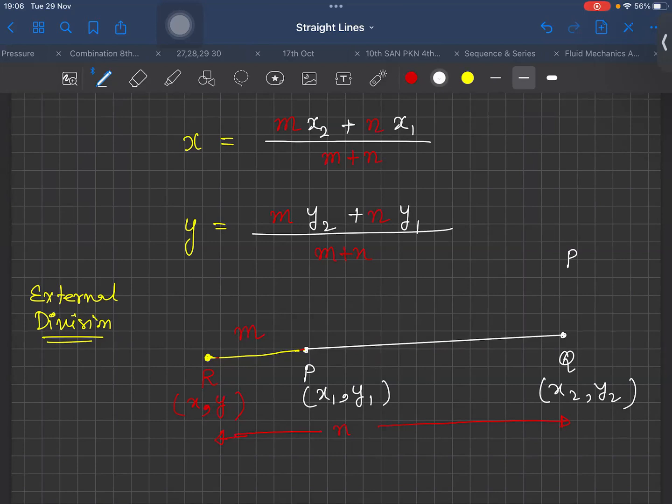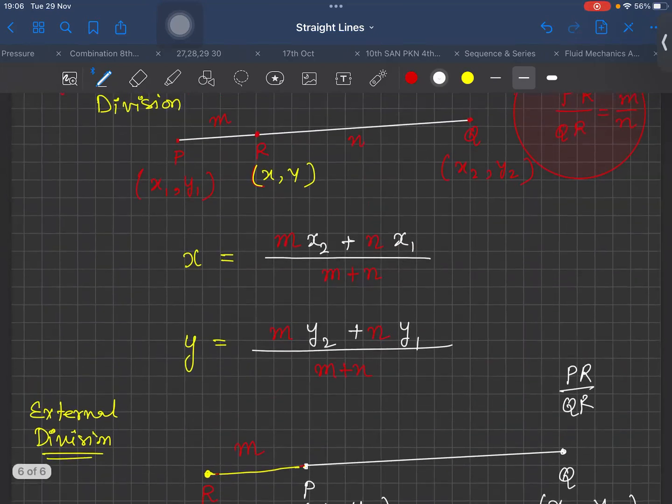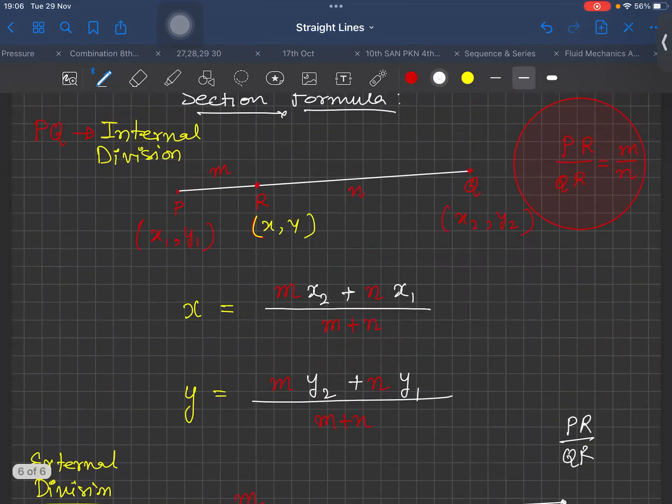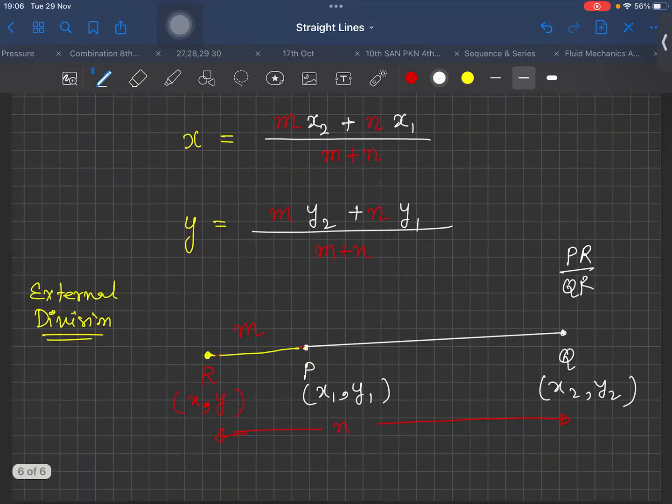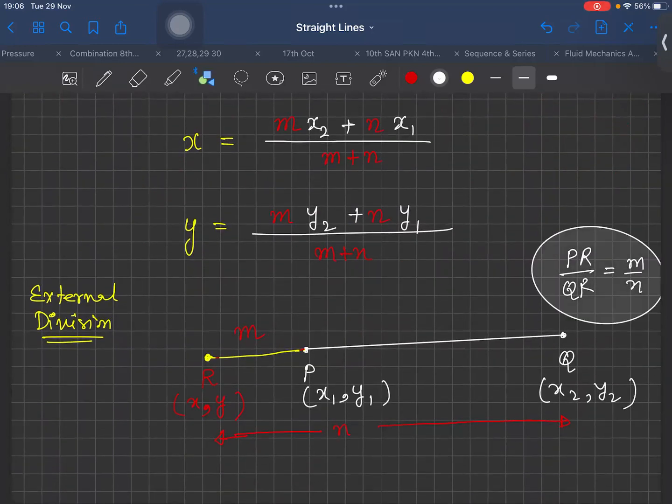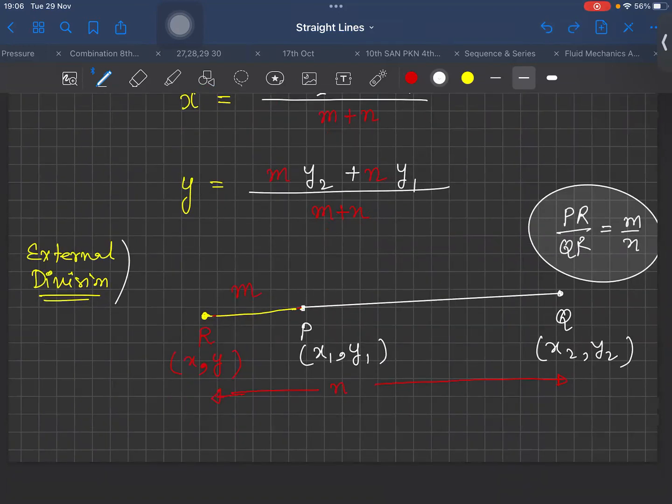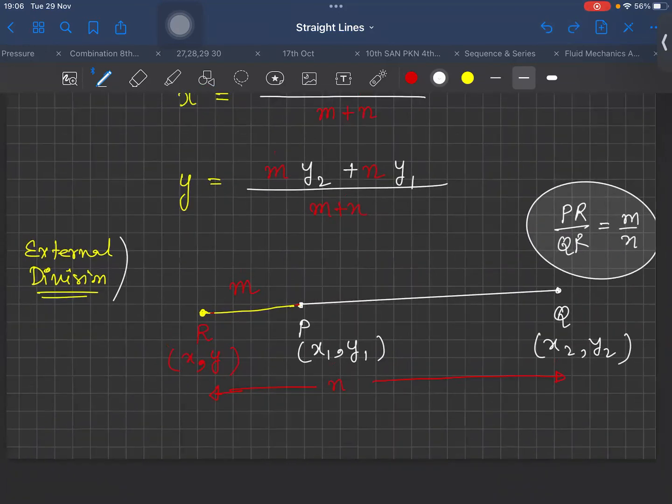So PR upon QR, that's what we are writing here also, no? PR upon QR, and that is equal to m upon n. Understand this thing. That's the meaning of external division. If you want this to be n, then it will become internal division, which we don't want, which we already know, right? So in this case, how do you find x and y?